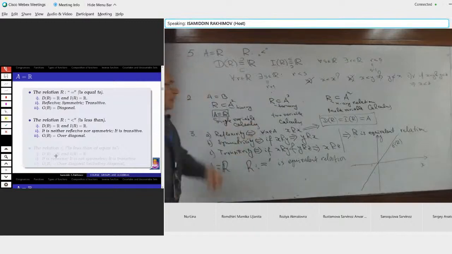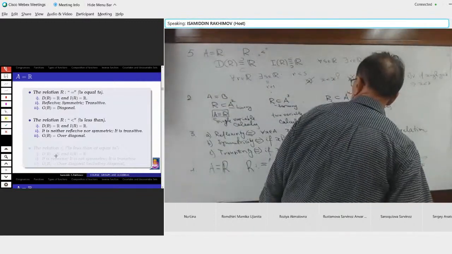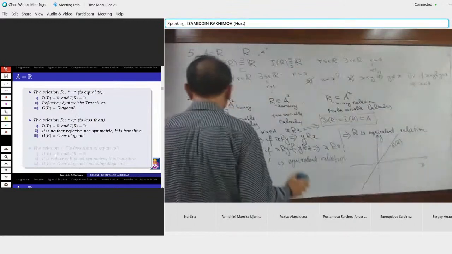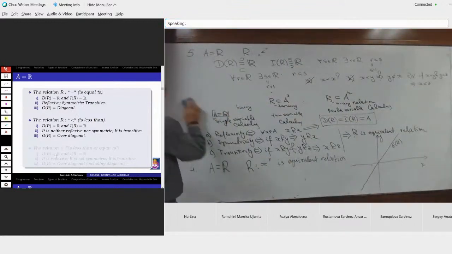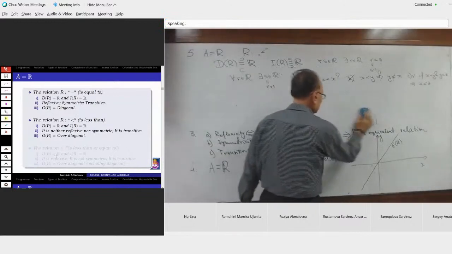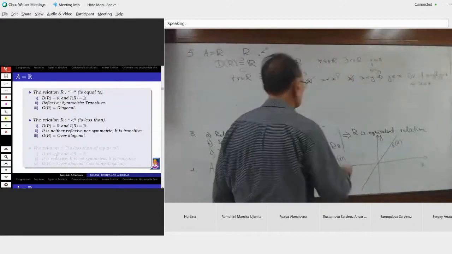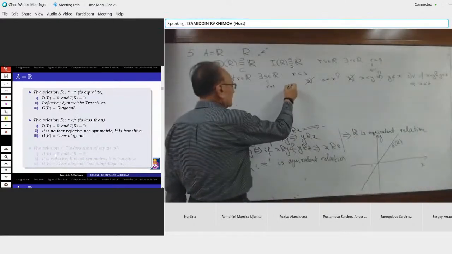Okay, so how about the graph now? Let us draw the graph of this relation. Just a coordinate plane.